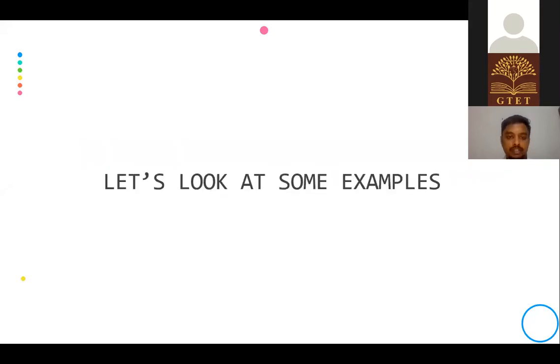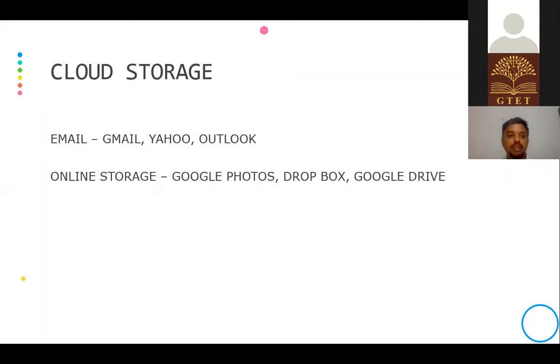Let's look at some examples. Cloud storage. For us to understand what cloud computing is, I think we can understand a simpler usage of cloud, that is cloud storage.